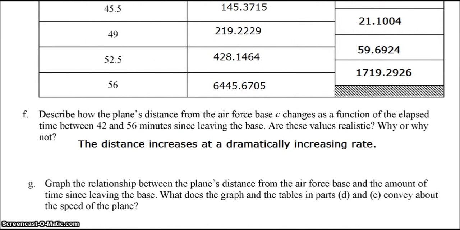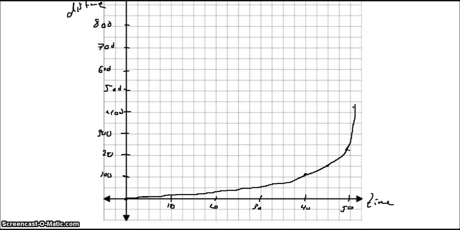And at 56 we're at 6,000, so we have a huge jump. It's pretty much some sort of vertical asymptote, it appears.